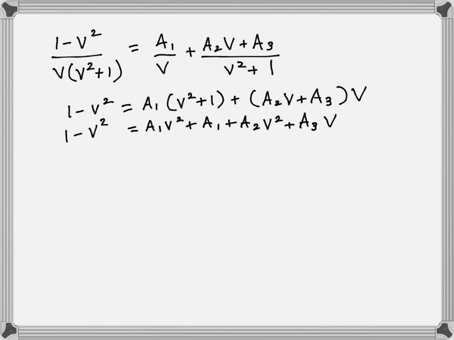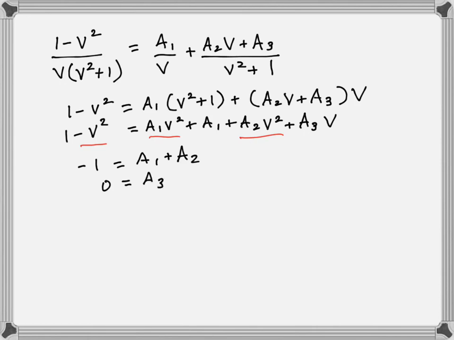So if we look at the v squared terms, that gives us -1 is equal to a1 plus a2. And then if you look at the linear term, we end up with 0 is equal to a3.